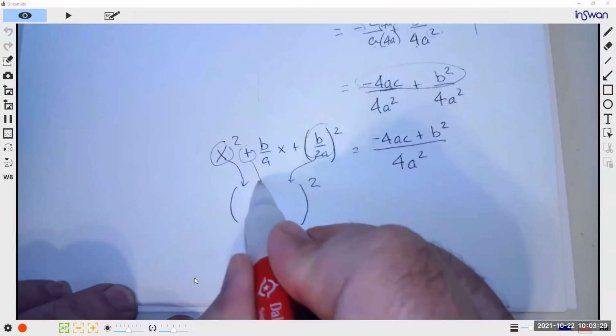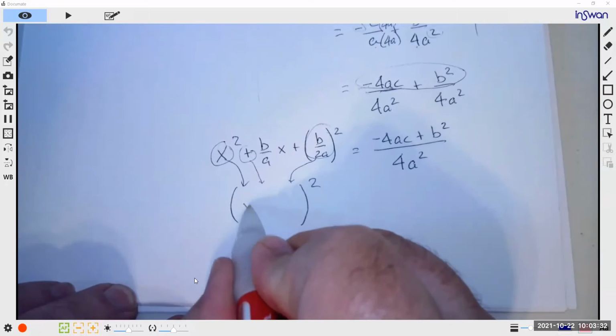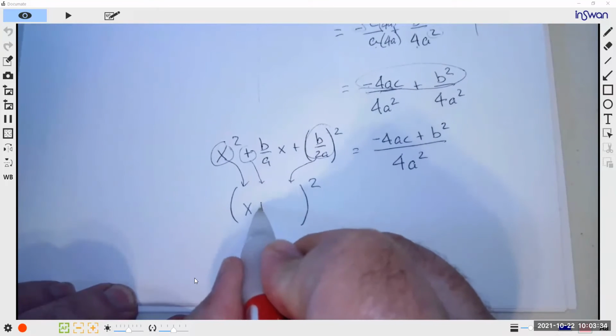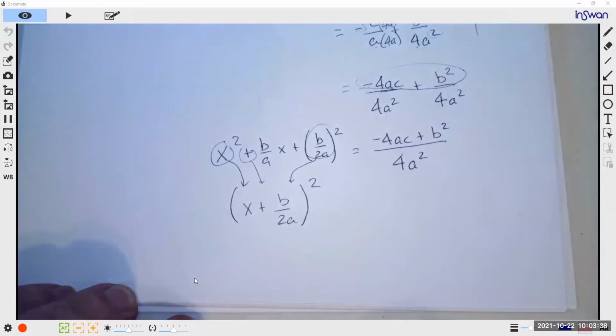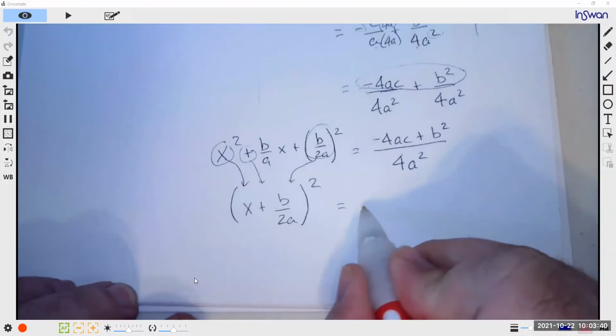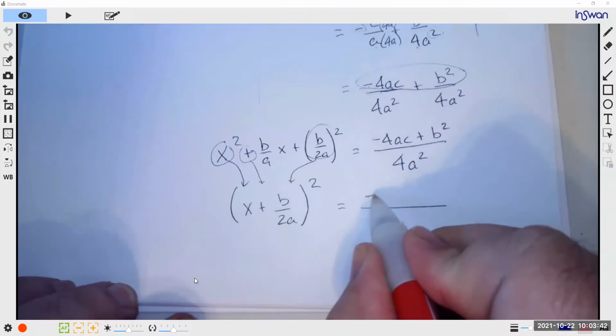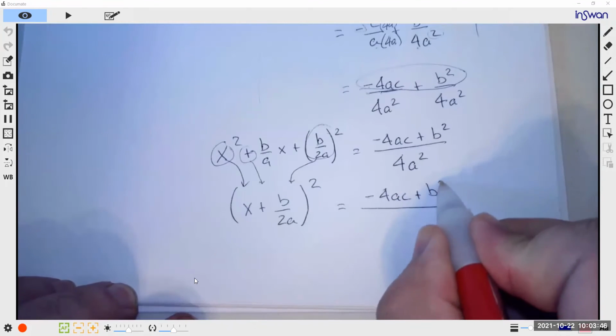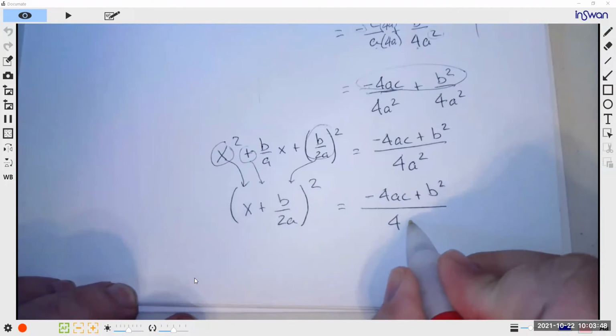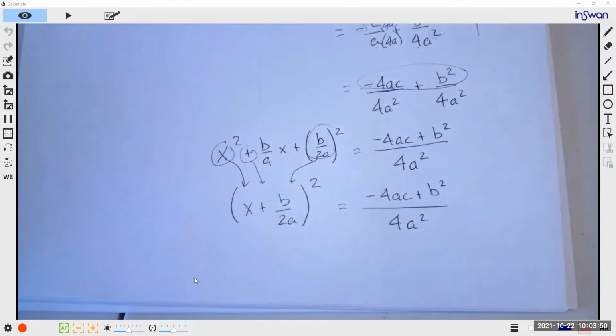Whatever the first sign is goes there. So we have x plus b over 2a equals negative 4ac plus b squared over 4a squared.